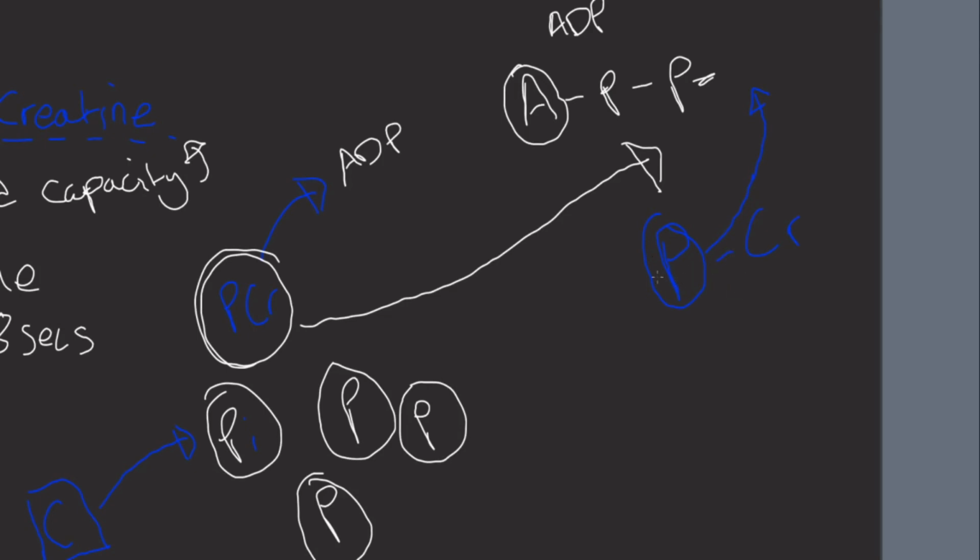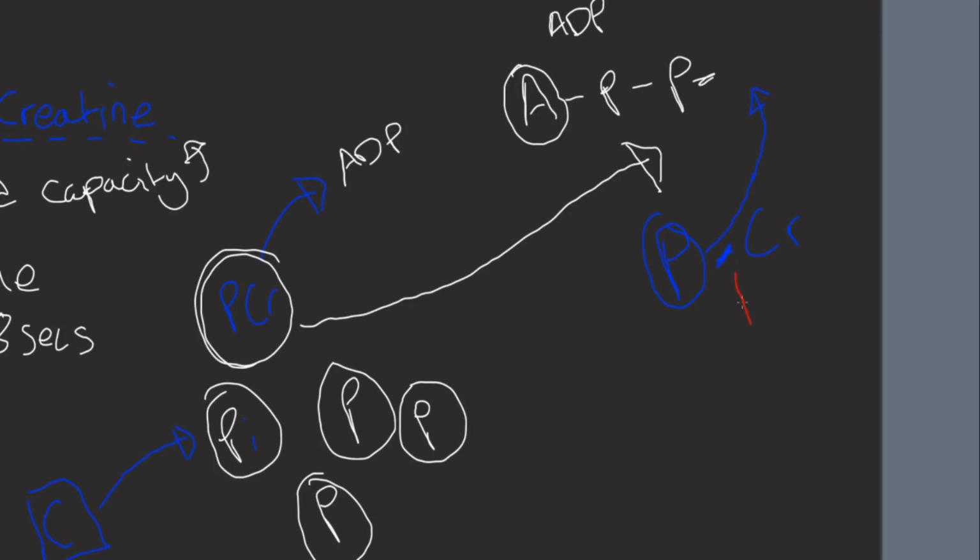Now, in order for this to be relieved and provided back to the ADP, the breakdown of the phosphate from the creatine, this bond here, the breakdown of this bond here occurs via another enzyme.